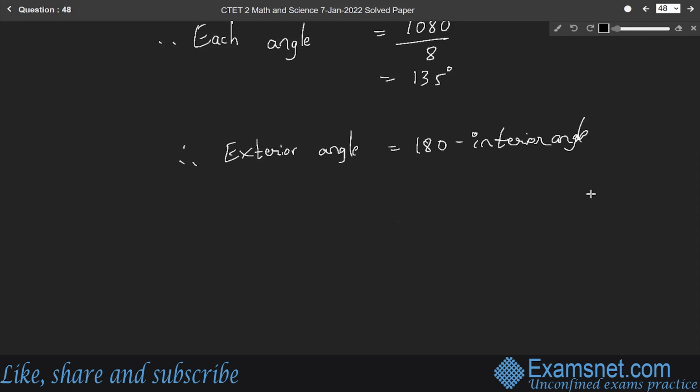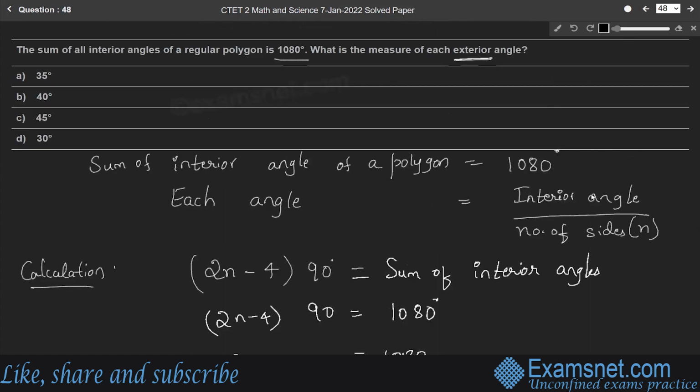So in a regular octagon, say for example, if this is the interior angle, the exterior angle becomes this part, right? So 180 minus the interior angle. Therefore, 180 minus 135, which is 45 degrees. Therefore, the correct answer is 45 degrees, option C.